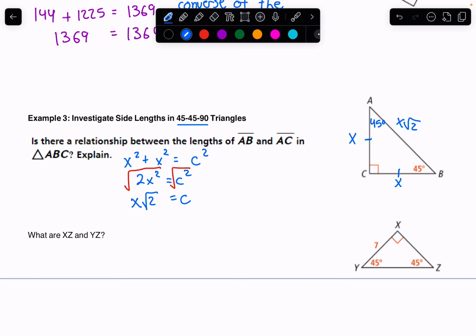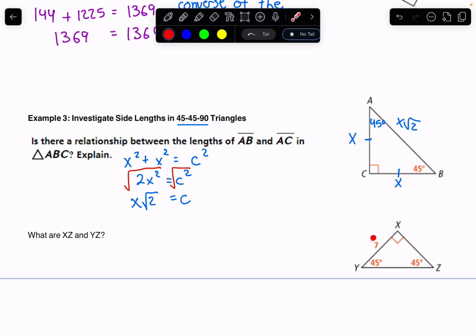And what that means for me then is that there's a pattern I notice. There's an x in each side. This hypotenuse just has that value multiplied by the square root of 2. What that means for me is I can use one side of a 45, 45, 90 triangle to find the rest of them.